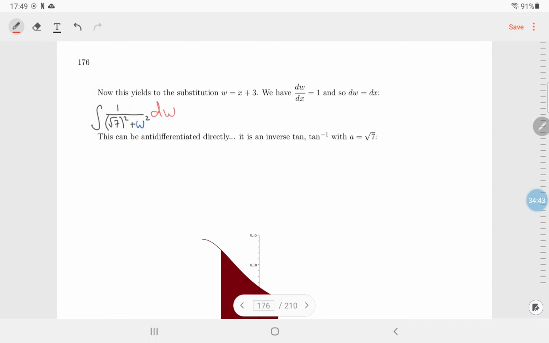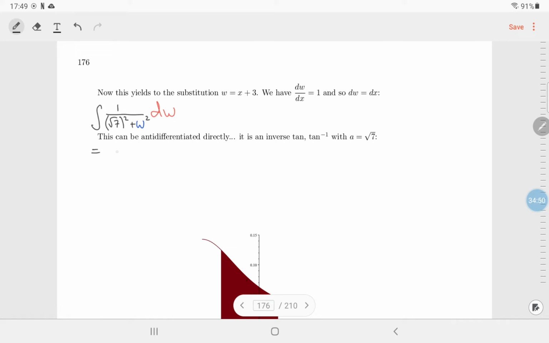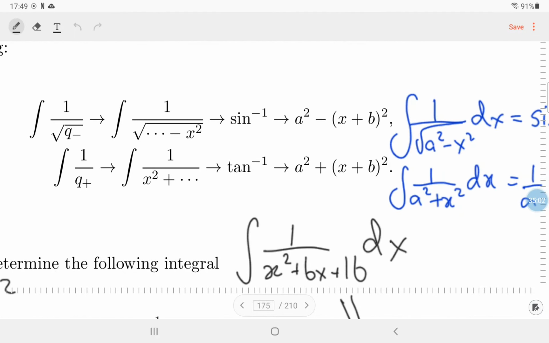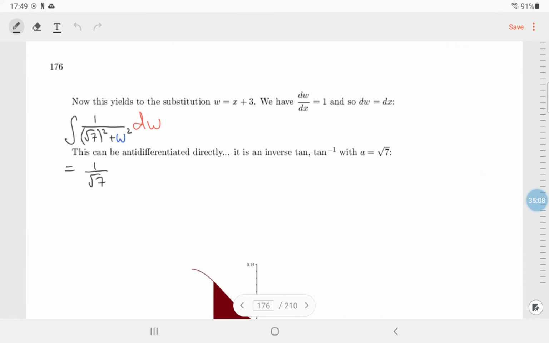This can be antidifferentiated directly as it is. So we get 1 over a, and here a is root 7. Where are you getting the a? The a squared, the constant that's squared, is the a. Here I have root 7 squared, so that's the a. Inverse tan of w over root 7.